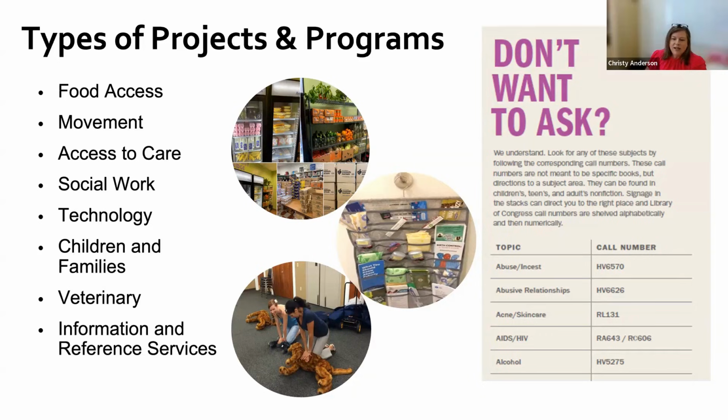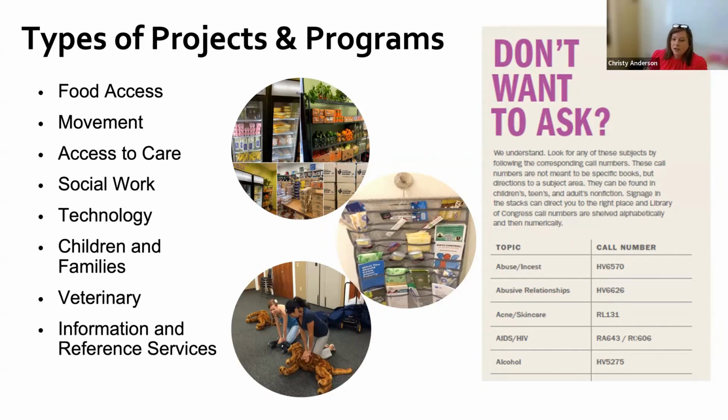Access to care can mean partnering for vaccination clinics or diabetes education or smoking cessation, maybe hosting support groups or chronic disease management. Social work could look like having embedded social workers, or it could be giving them desk hours within your library during certain days a week where people could stop by and just know that they will find them there.